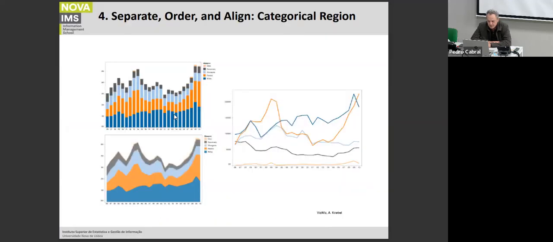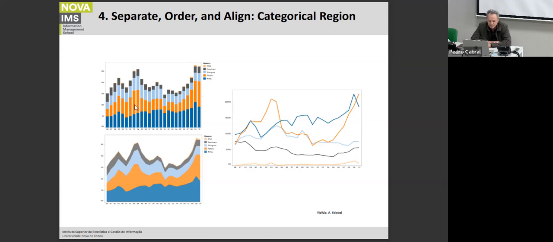Okay, other examples: stacked bar charts, stacked area charts, and line charts. Which one do you prefer? I definitely prefer the line chart, okay?